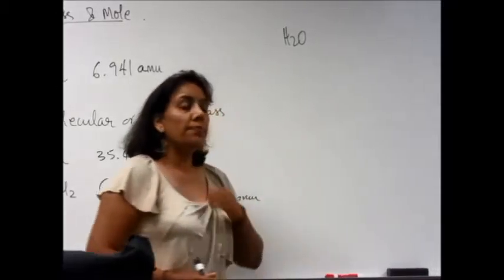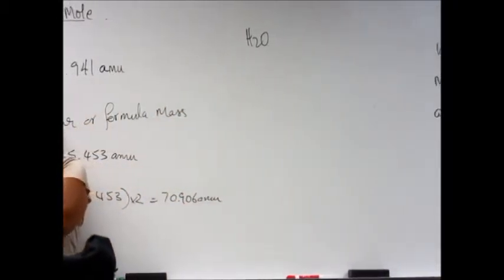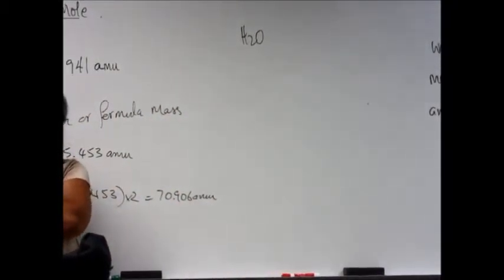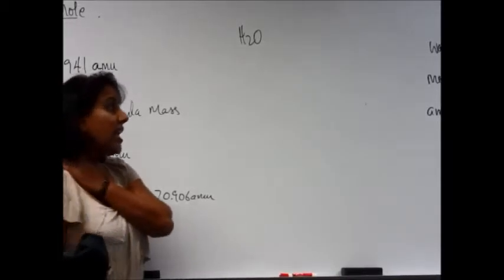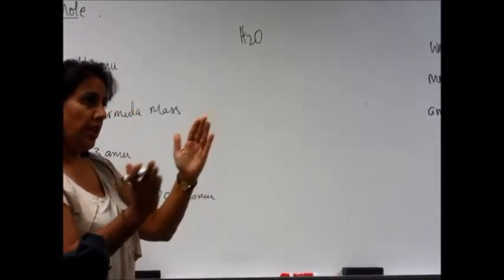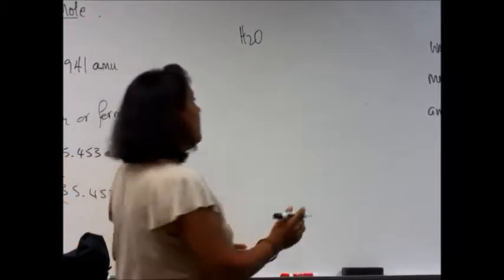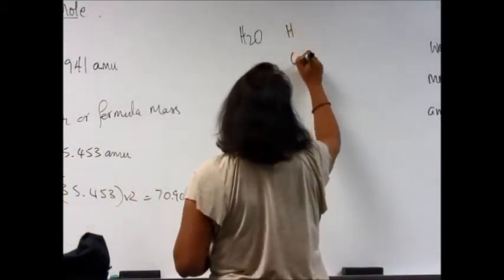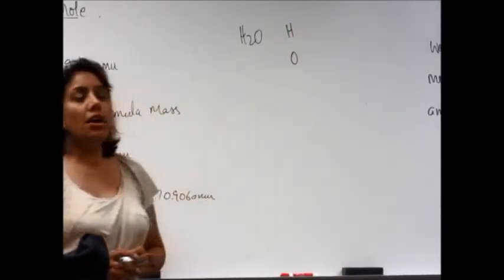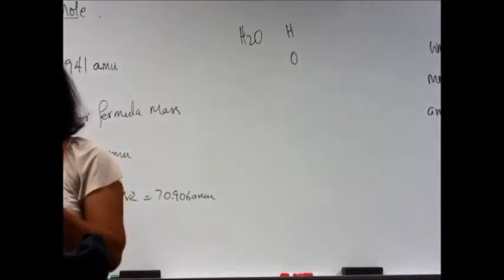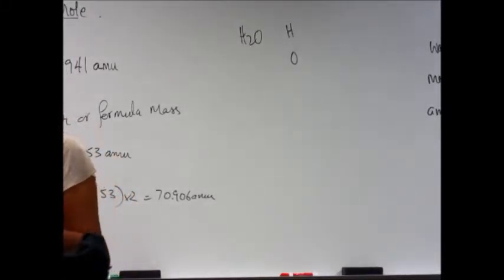So H2O. This is what I do when I'm calculating my molecular formulas for masses: I break it down into what elements I have. So I have H and I have oxygen. Oxygen is the one thing you have to be really careful about because oxygen also looks like 0.